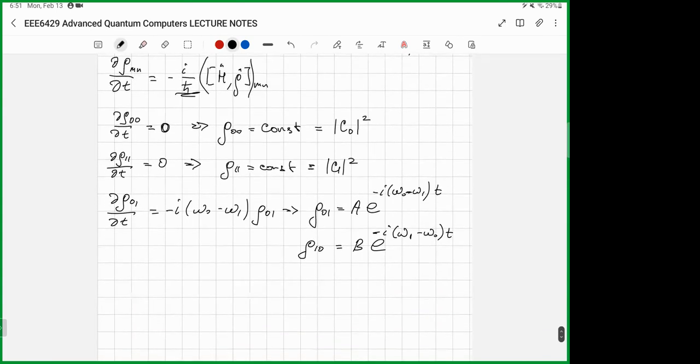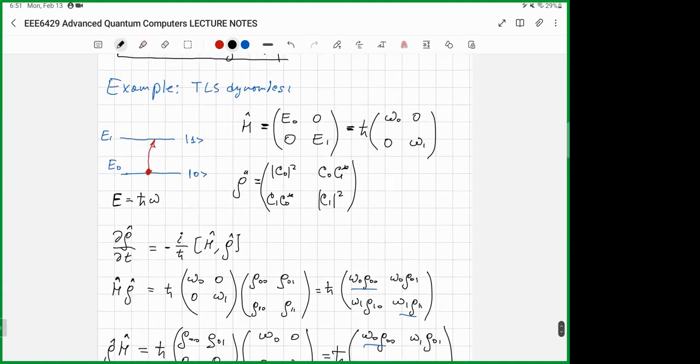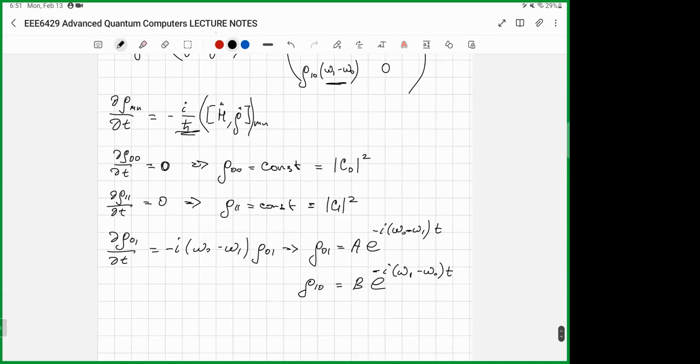So you see that in this simplest case of a two-level system without interaction with any fields and without dissipation, we've got the following result: if the system is, for example, in the excited state, in this C1, then C1 will be equal to 1 and C0 will be equal to 0, right? So this system will stay in this excited state forever.